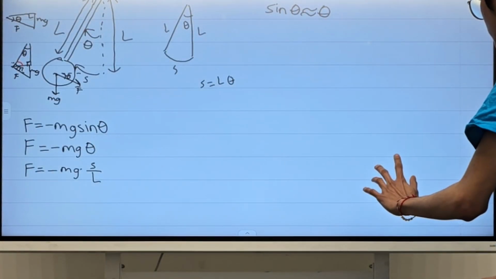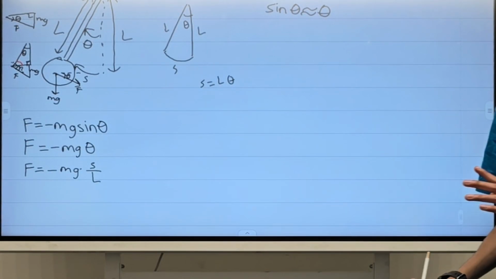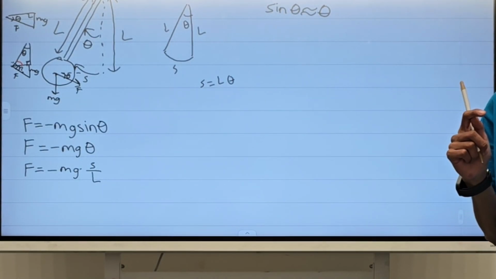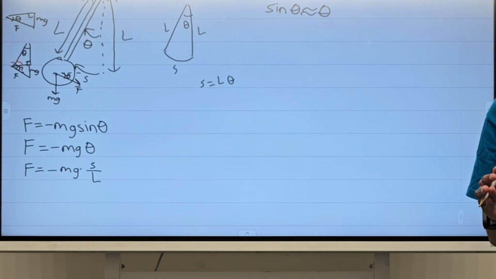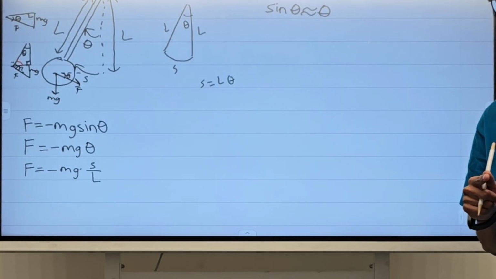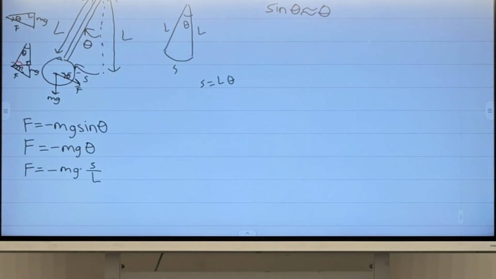We're going to go to this side of the whiteboard and we're going to do some circular motion, more specifically harmonic circular motion. And harmonic motions are a bit weird. They are difficult to grasp.